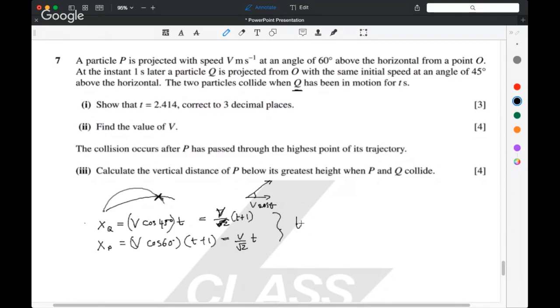And this gives you t is equal to 2.414. If you did the wrong way around and did like t there and t minus 1 there, you would get something that was 1 second too late. That would be because you were counting t from when p was fired, not from when q was fired. We're counting it from when q is fired, so it's 2.414 seconds.